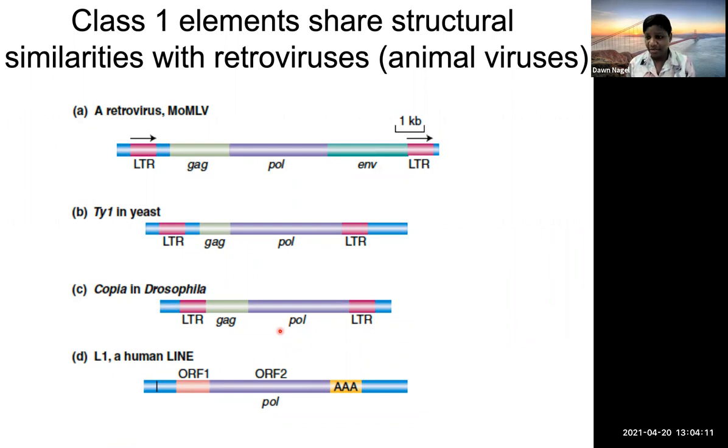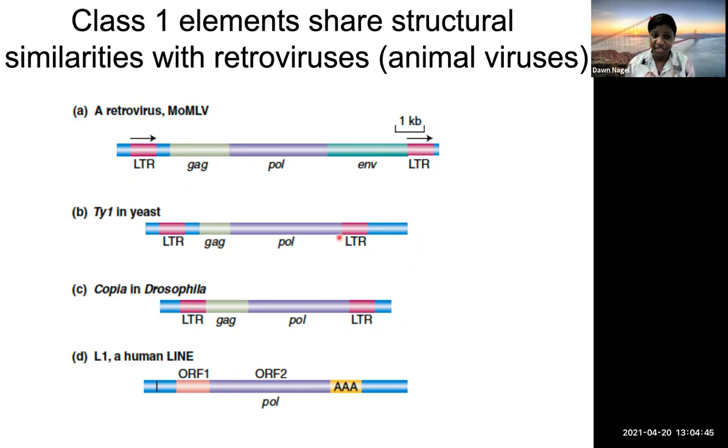And when you look at the structure of many different types of retroviruses, you find that they have these transposable elements within their genome, long terminal repeats, and different enzymes within that transposon that are required for their transposition. So this is a retrovirus. And when you look at transposable elements in either yeast or even Drosophila or in humans, you find similarity to those genes within those genomes.